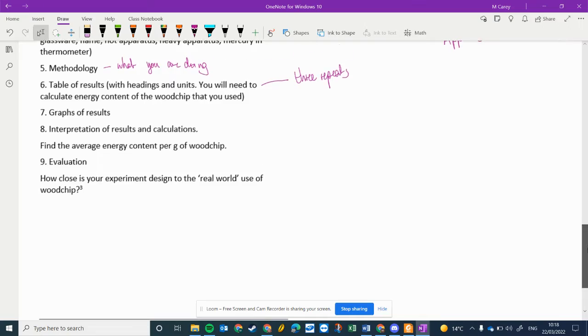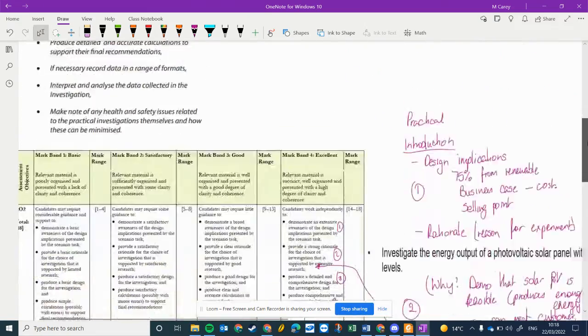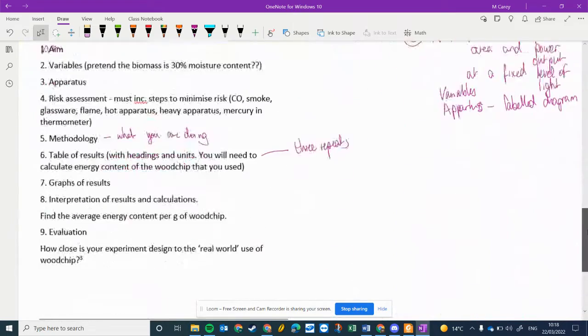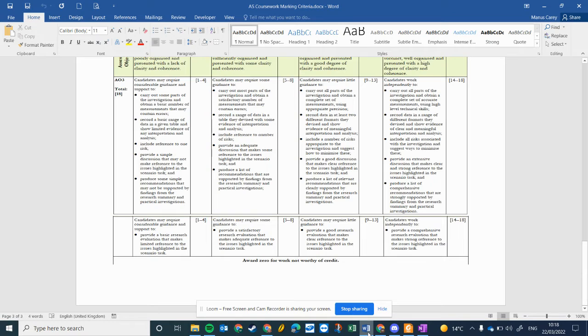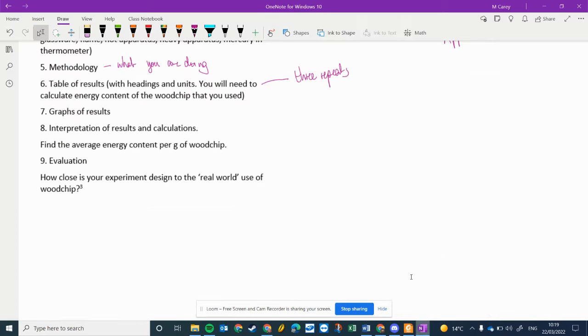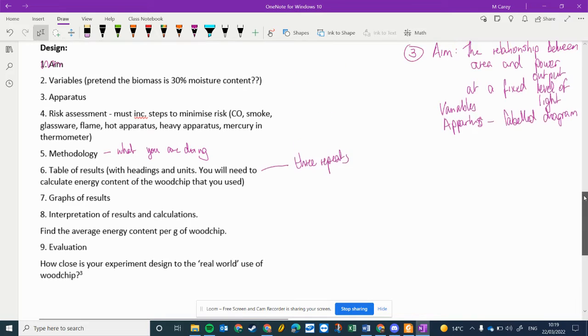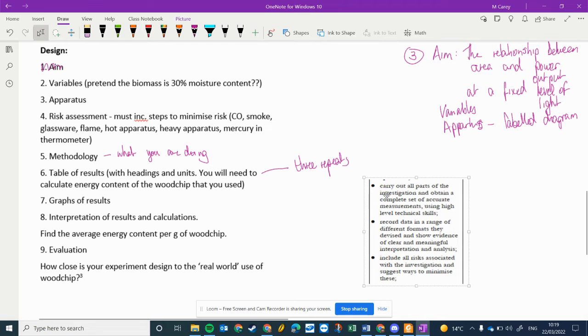Now down to, where is 4? I missed some bits. Okay, stick these in here. This is from AO3, I think.